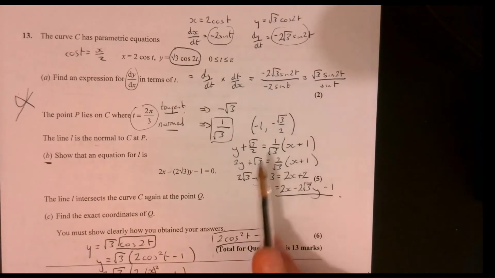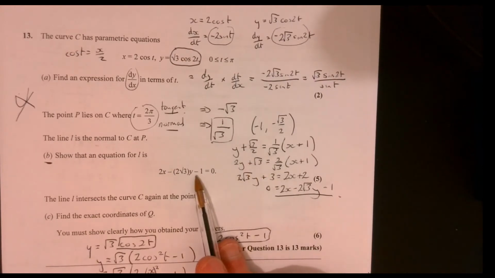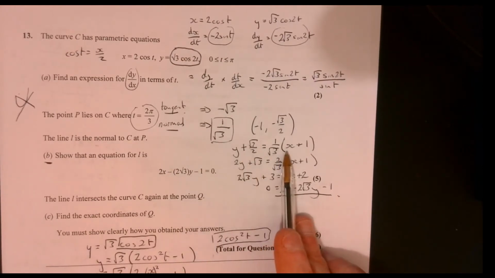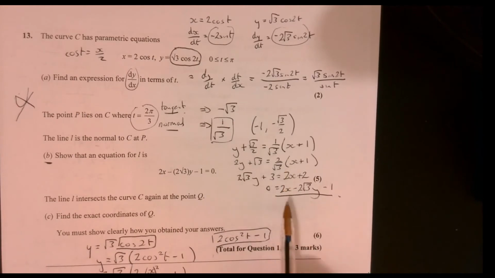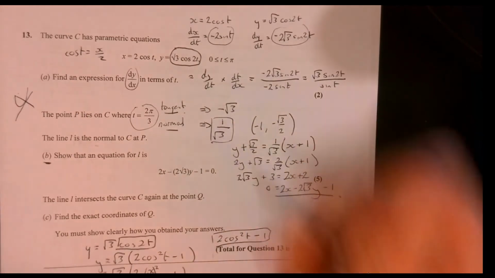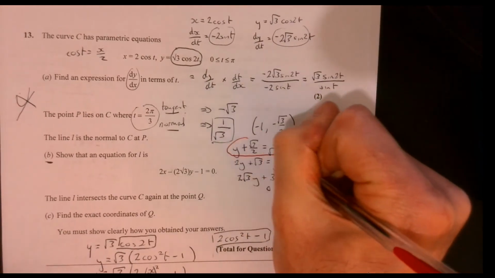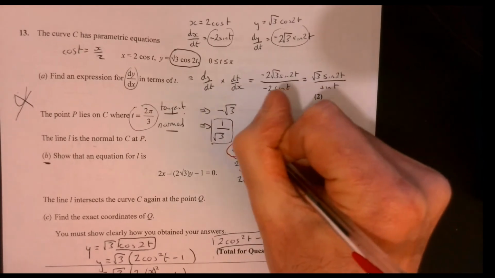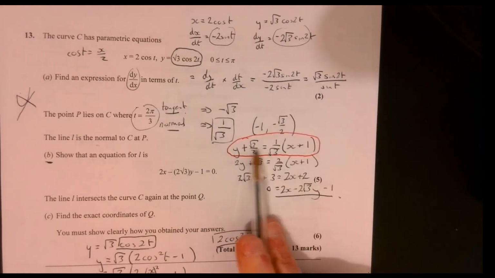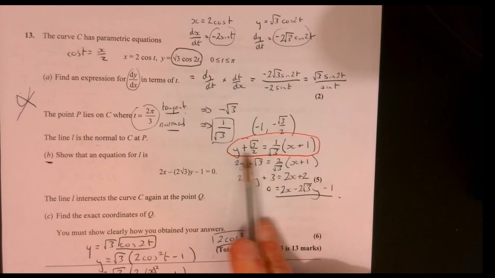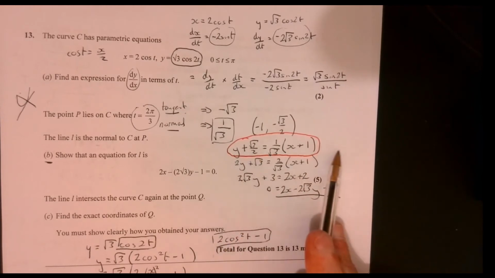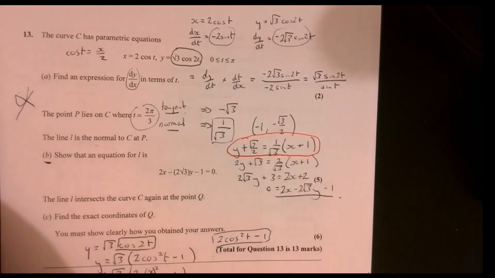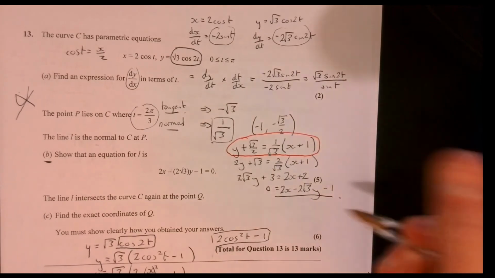So remember what we did before. Now we could take it from here, we could take it from over here. Now what I'm actually going to do is I'm going to take it from this bit, because I can easily rearrange this to make it y equals, if I just take away root 3 over 2 from both sides. So let's write down where we are now.